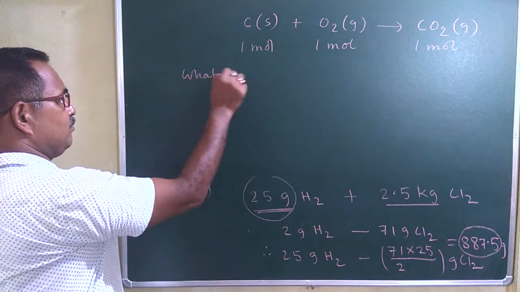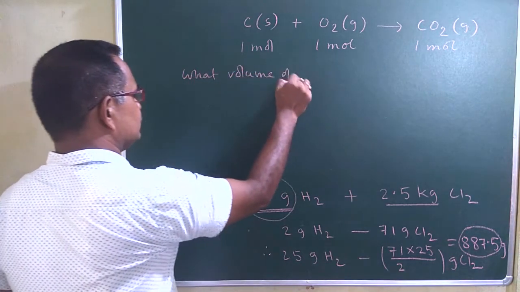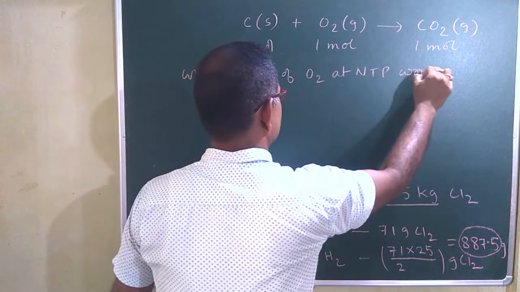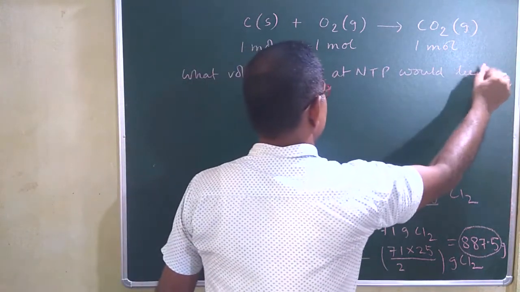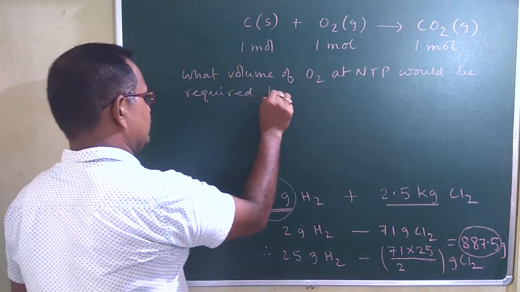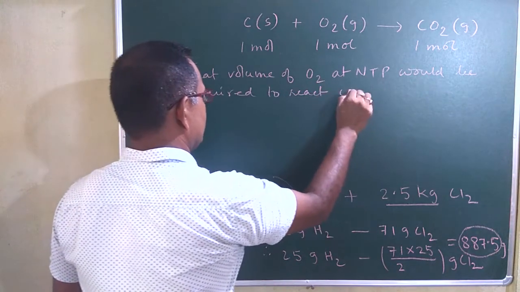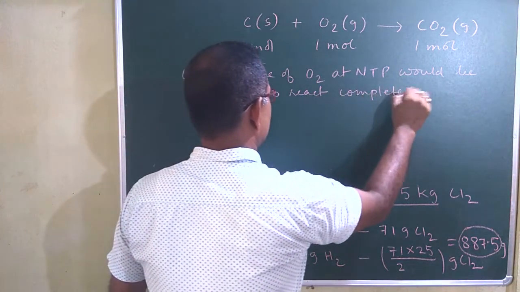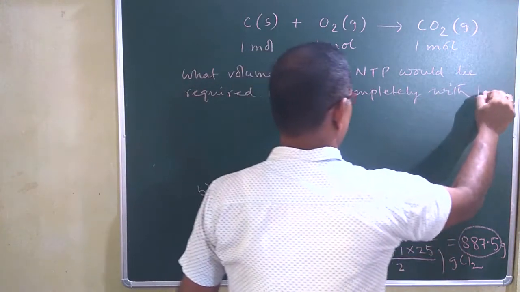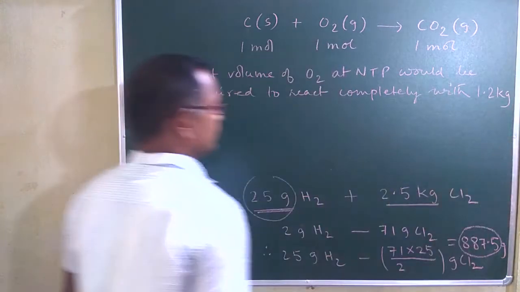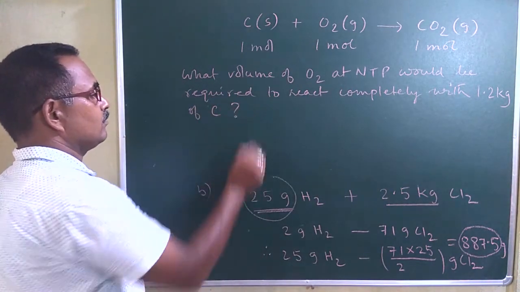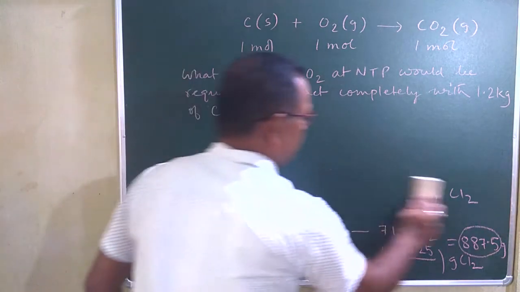Say, what volume of oxygen at NTP would be required to react completely with 1.2 kilogram of carbon.